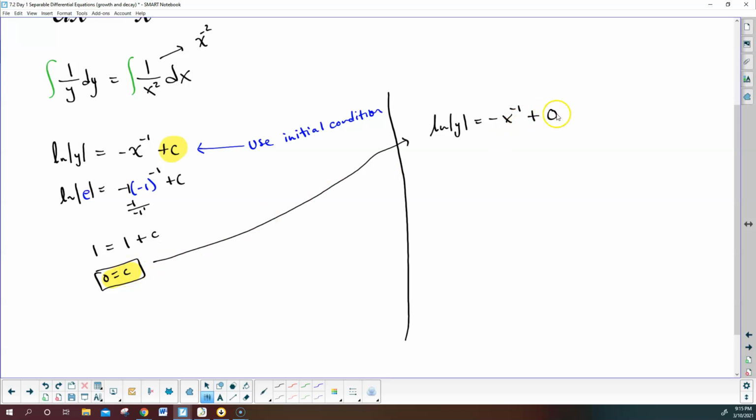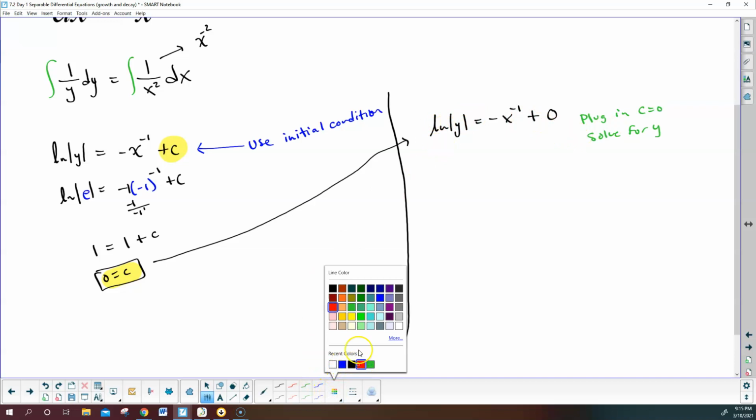What is c? c is 0. And then I just have to solve for y. Now you could do some creative algebra here, or you can just leave it, but I need to get y by itself. So plug in c equals 0, solve for y.